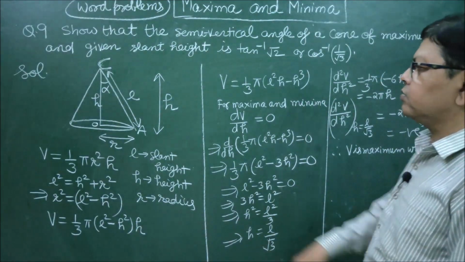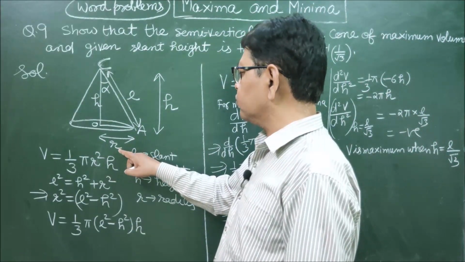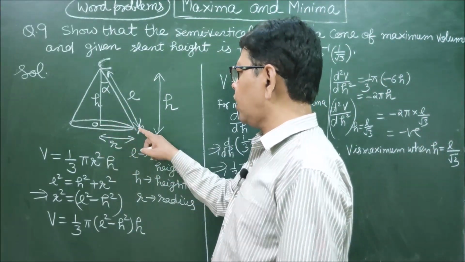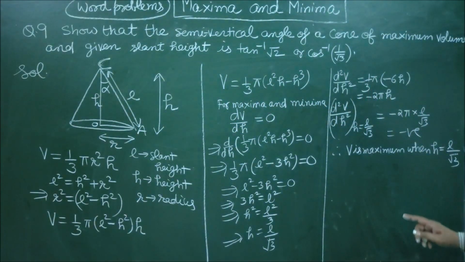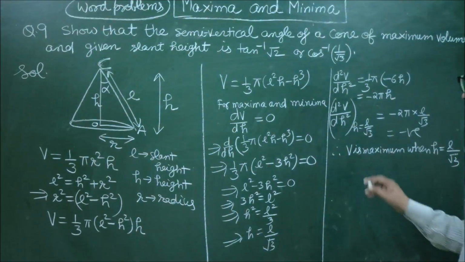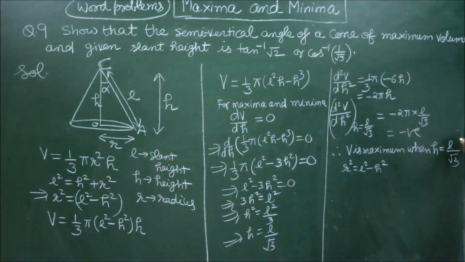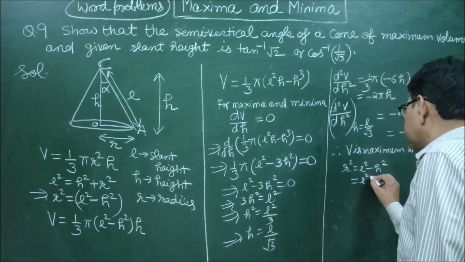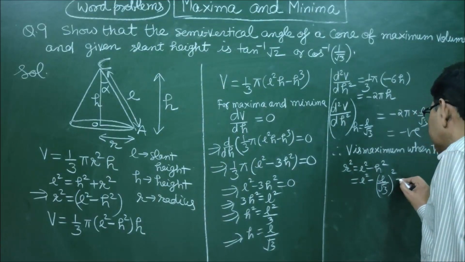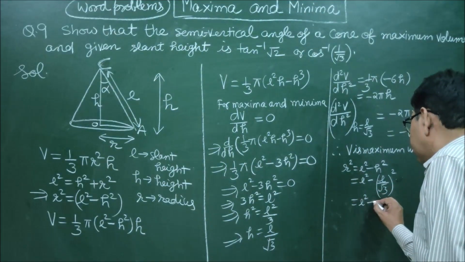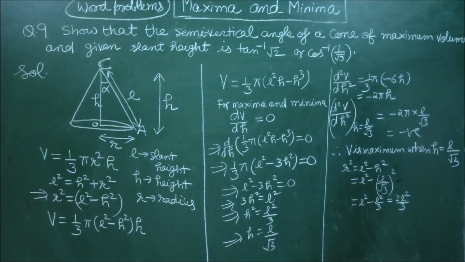Now if we want to find this vertical angle in terms of tan, we must know the value of R, because tan alpha will be equal to R upon H. For this we need the value of R, and you know R square is equal to L square minus H square. Now putting the value of H, which is L upon root 3, R square is L square minus L square upon 3, which is equal to 2L square upon 3.